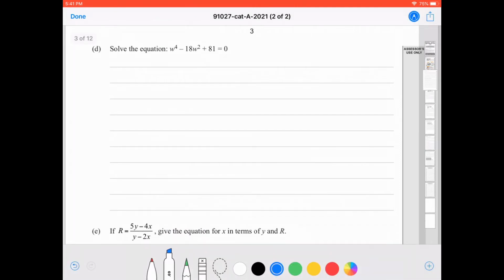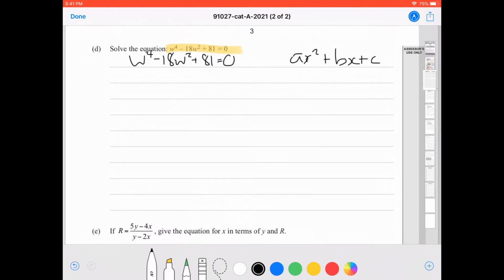Solve the equation w to the power of 4 minus 18w squared plus 81 equals 0. So we've got w to the 4 minus 18w squared plus 81 equals 0. And how are we going to go about solving this? Well, we've already mentioned a quadratic is in the form ax squared plus bx plus c.